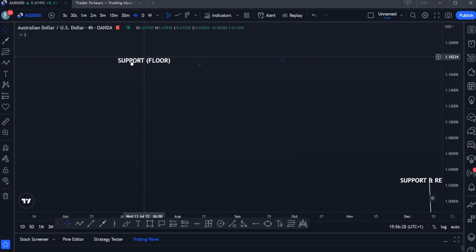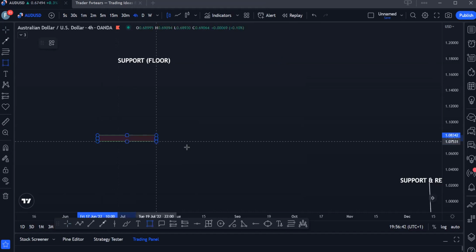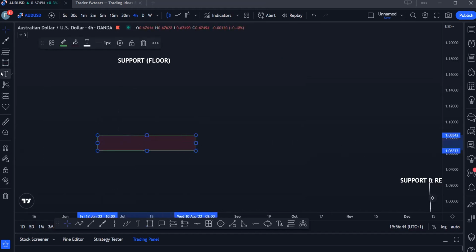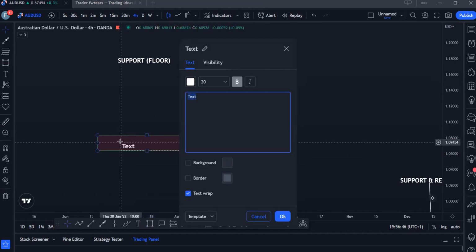All right. So look at the support as a floor, such that when price gets to a particular point, we always tend to see a reversal. So this is what I'm talking about. So a support is something like this. Is an area in the market that acts as a floor.